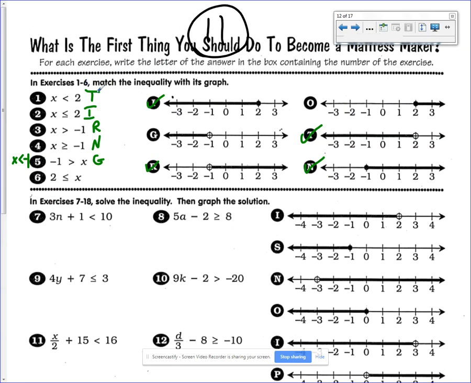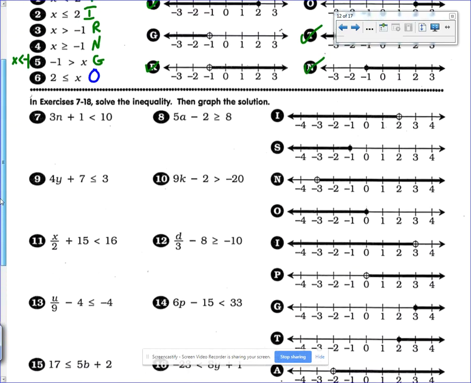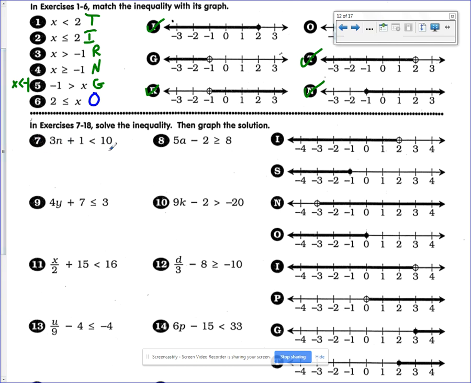What I did is I just matched up these ones here as I went along and then fill in the puzzle or the riddle down below. Here you've got nice room to work, so by all means make sure you show your work here. Show both steps and show it on both sides so that I see that you get n is less than 3.